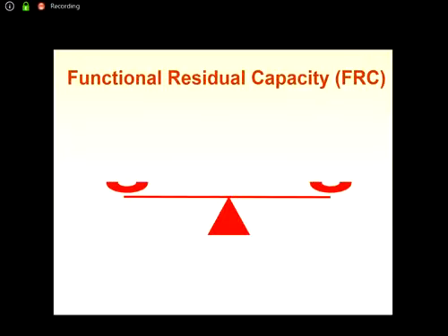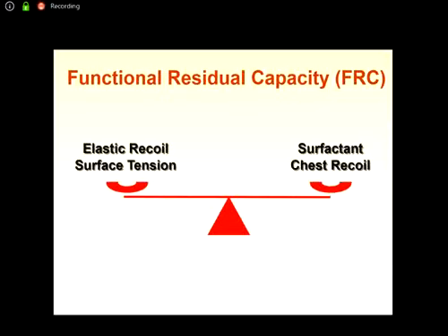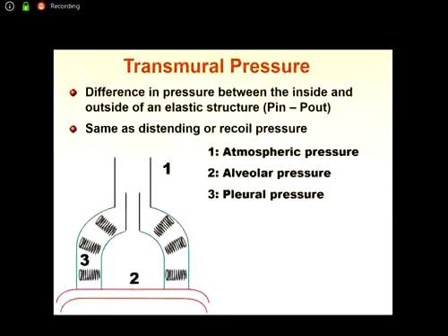So functional residual capacity is what is formed when those opposite elastic recoil forces of the lungs and the chest wall are in equilibrium. And the things that will determine the size of that functional residual capacity are mainly the elastic recoil, surface tension, the surfactant, and the chest recoil.